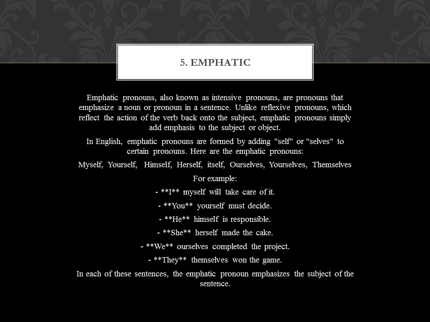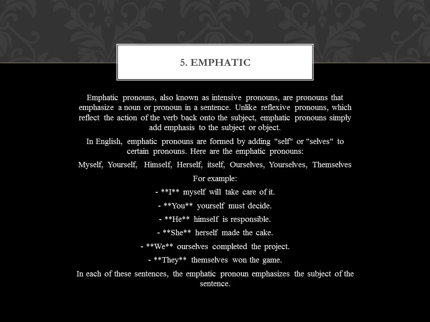In English, emphatic pronouns are formed by adding self or selves to certain pronouns. Here are the emphatic pronouns: myself, yourself, himself, herself, itself, ourselves, yourselves, themselves. For example, I myself will take care of it.